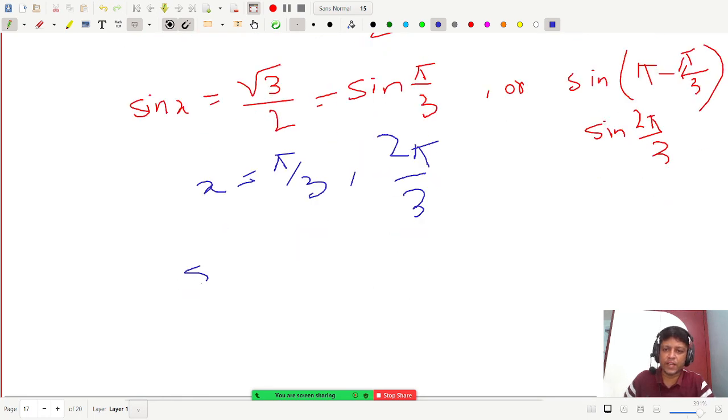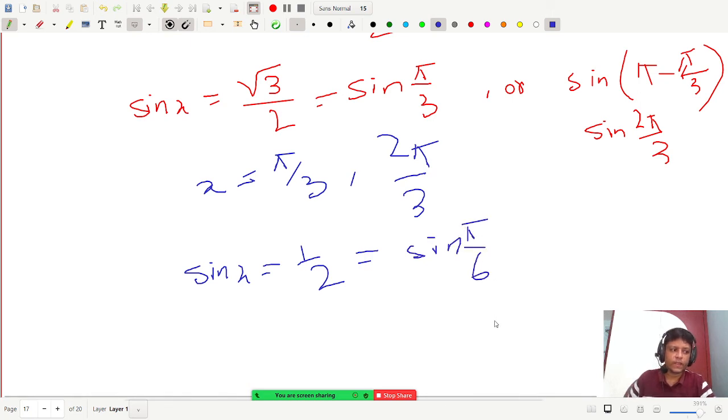And you have sine x is equal to half. That will give you sine pi by 6, or sine pi minus pi by 6, second quadrant. So 5 pi by 6.